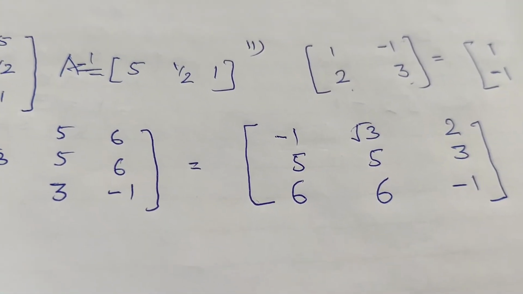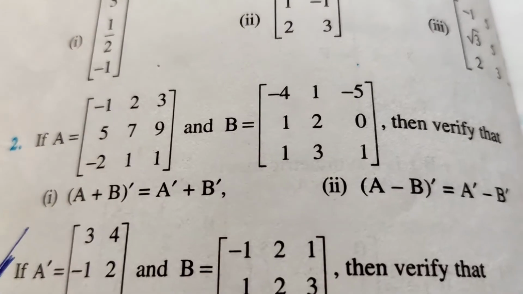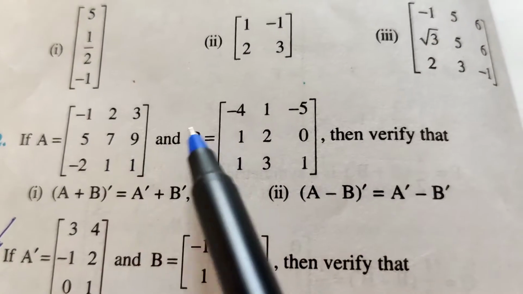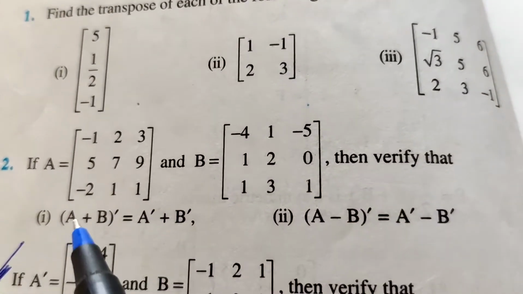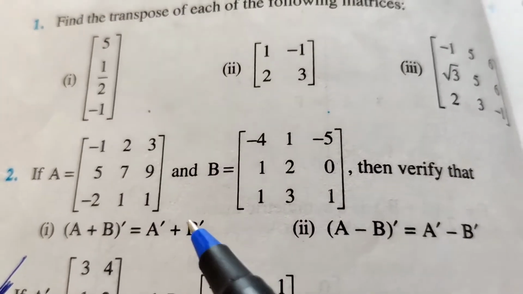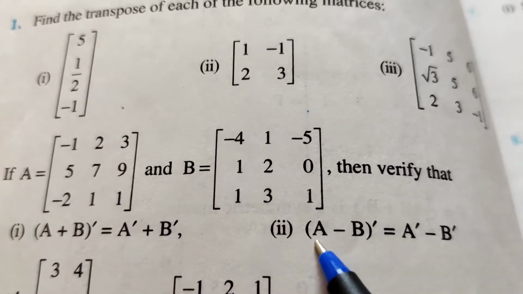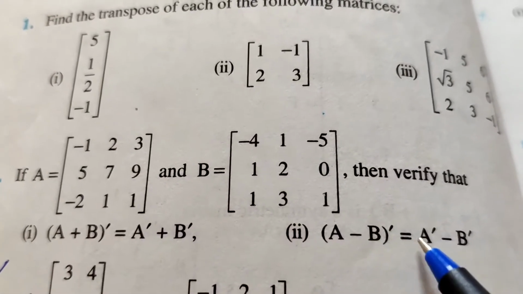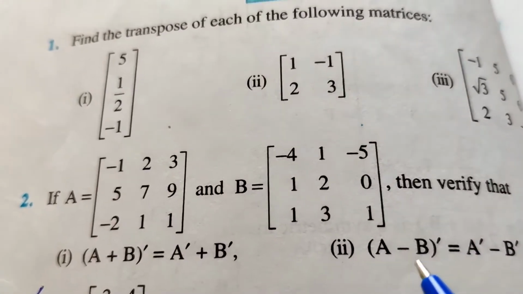Just interchange the places of rows and columns. Question number 2: if matrix A is this and B is this, then verify that the transpose of A plus B equals the transpose of A plus the transpose of B. In the second one, the transpose of A minus B equals the transpose of A minus the transpose of B.